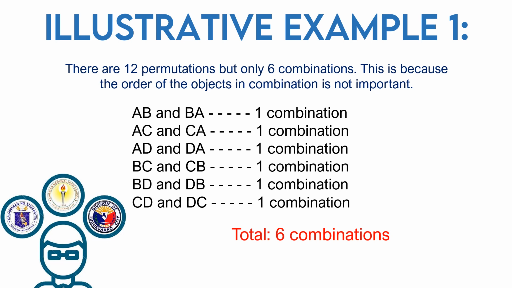This is because the order of the objects in a combination is not important. That is, AB and BA will take one combination. The same is true for AC and CA, AD and DA, BC and CB, BD and DB, and CD and DC, which take a total of 6 combinations in all.